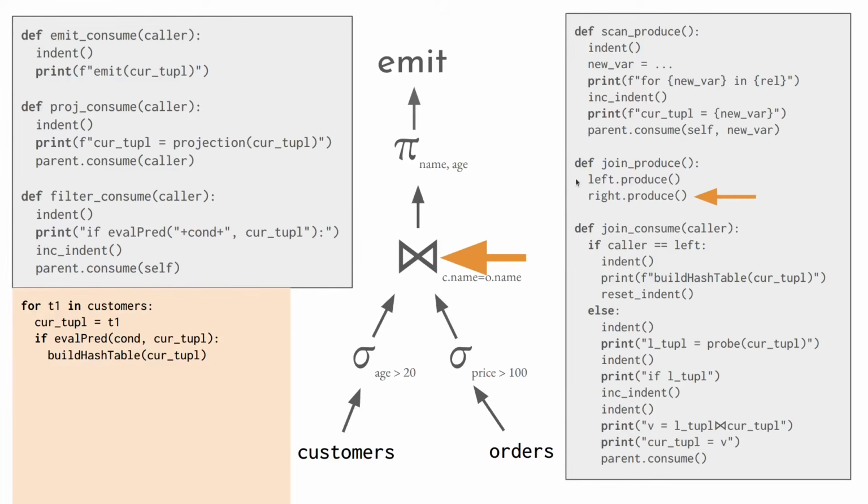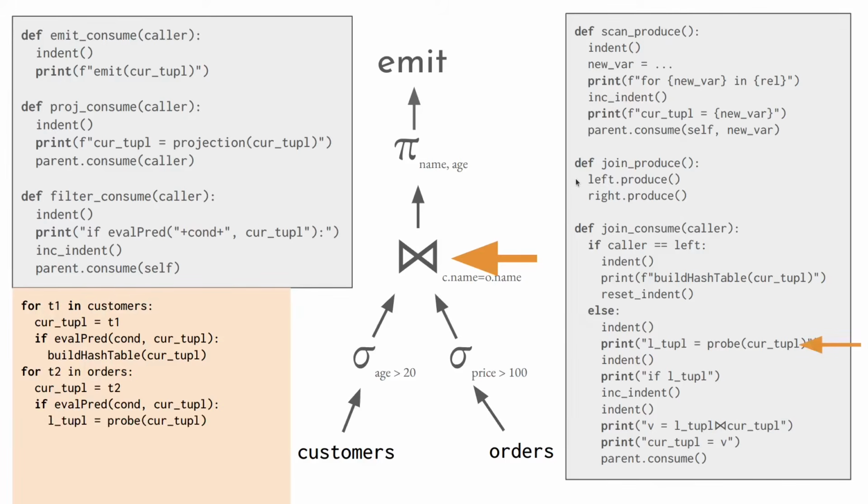So now we call the right produce, and the right produce mostly does the same things. I mean, we generate the second loop that goes through orders, we generate the if, and now we go to the join consume, but now we're coming from the right child. What we generate is we first probe the hash table and we generate an if, right? So if the probe succeeded, then we say that the current tuple is the concatenation of these two.